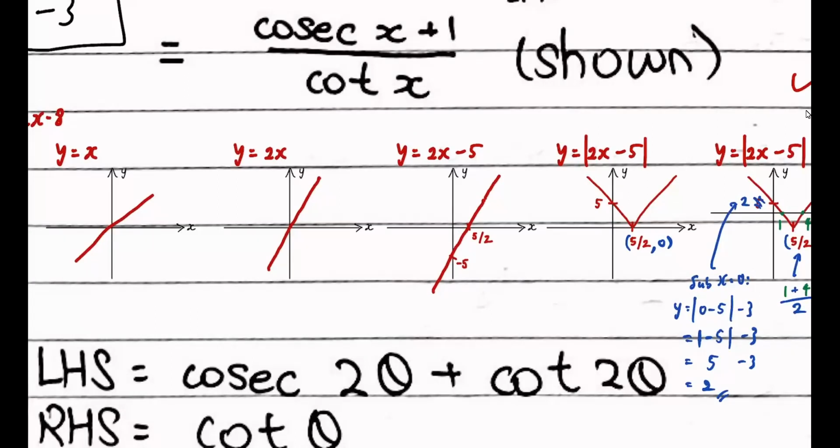You can try substituting x equals 0. Y equals 2 times 0 minus 5, which is negative 5, but you take modulus of negative 5. Modulus makes negative numbers positive, so positive 5.